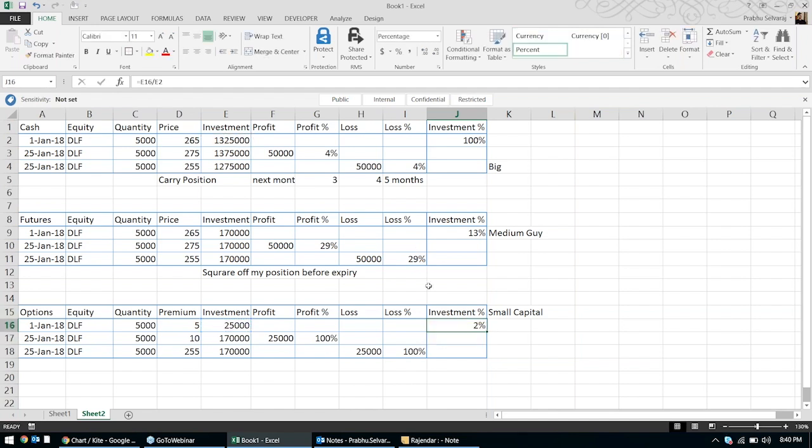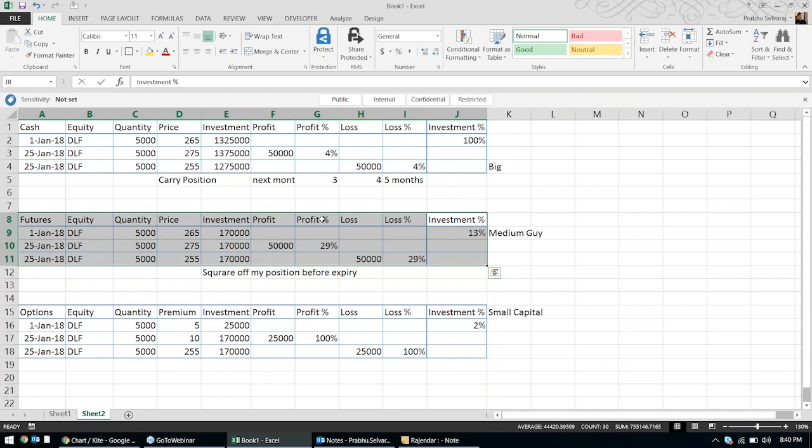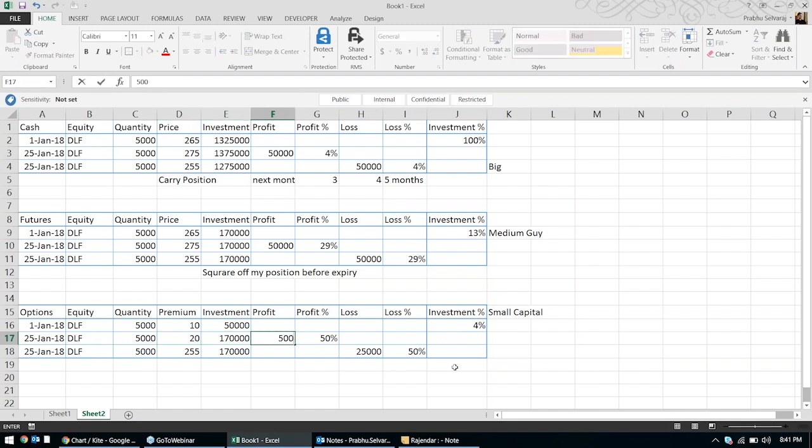2%. Okay, let me explain this once again. In cash, you need full investment. In futures, you need only 13% of your capital to take the same amount of shares to make the same amount of profit. In options, you need only 2% of your capital to make the same amount. Maybe we can take this as 10 rupees also, 50k investment, and we can make it 20, 50,000 profit.